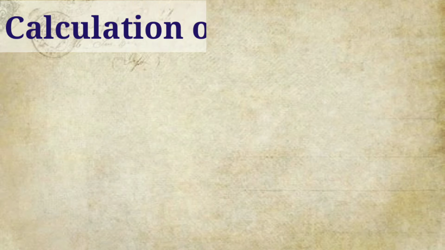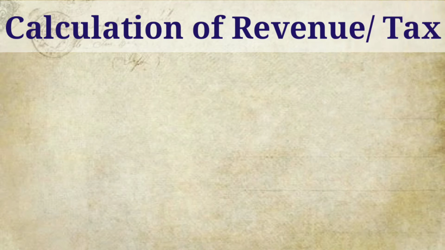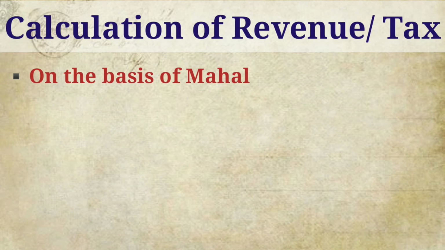Next, let's see how the amount of tax or revenue was calculated. Children, the tax was calculated on the basis of the mahal, that is, the economic condition of that particular mahal.